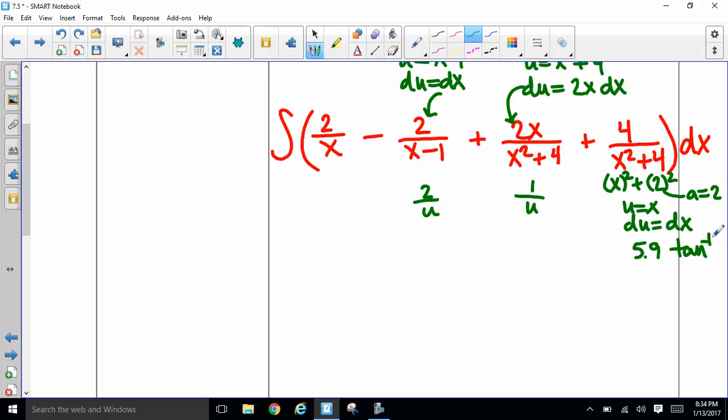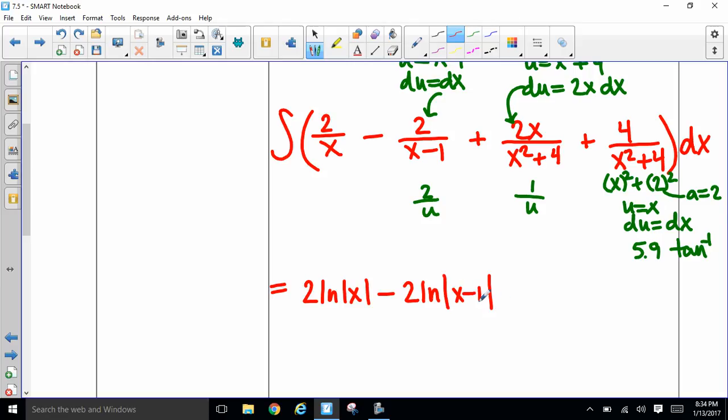Okay. So as I go through, this becomes 2 natural log absolute value x. This becomes negative 2 natural log absolute value x minus 1, because that u was x minus 1.